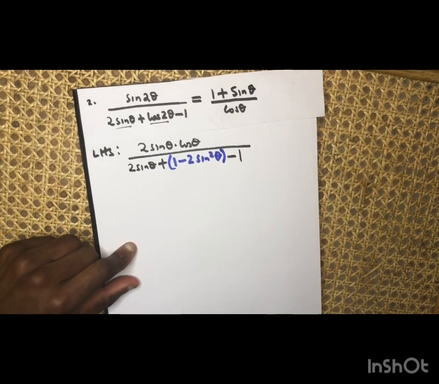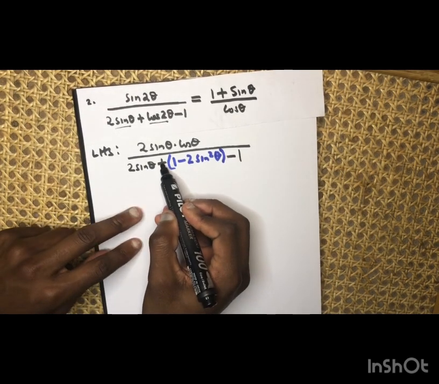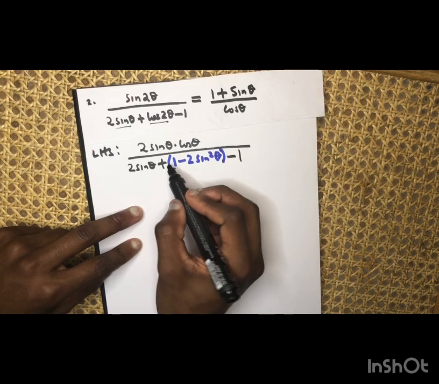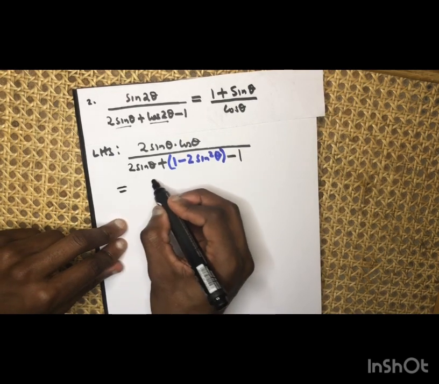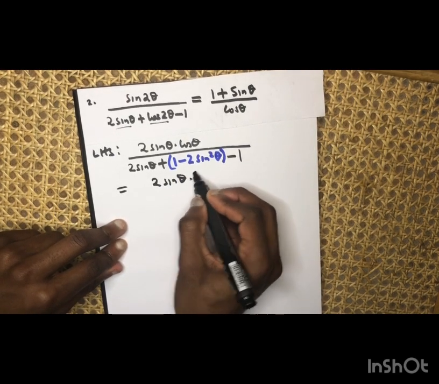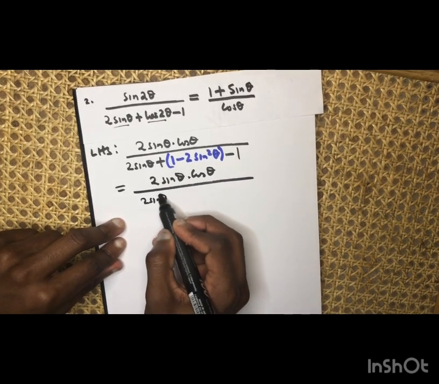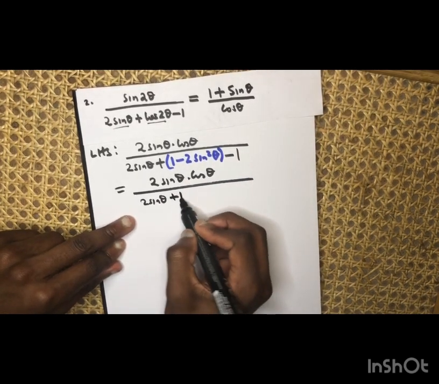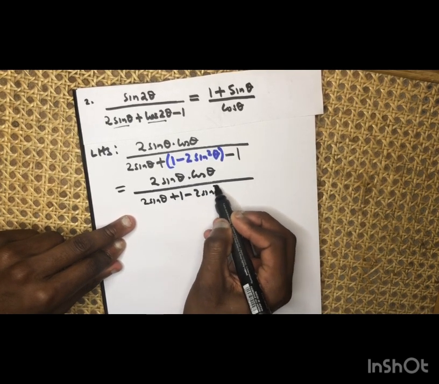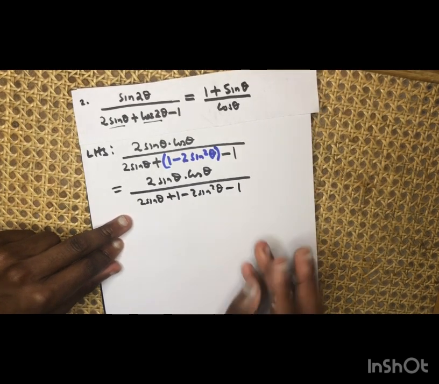So now, because the positive won't change anything here, I'm going to have 2 sine theta cos theta over 2 sine theta plus 1 minus 2 sine squared theta minus 1.